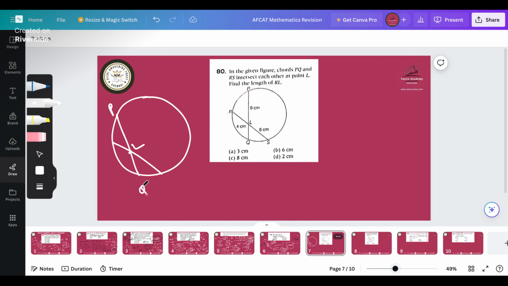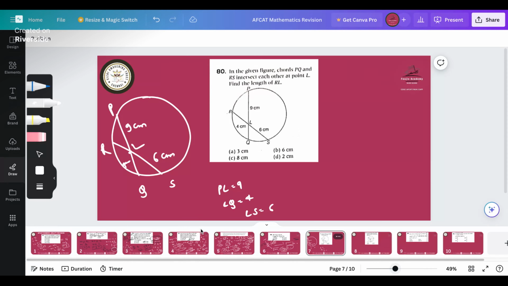This is P, this is Q, this is R, and this is S. It is 6 centimeter, it is 9 centimeter, and this is 4 centimeter. Basically, what they are saying is that PL is equal to 9 centimeter, LQ is equal to 4 and LS is equal to 6.